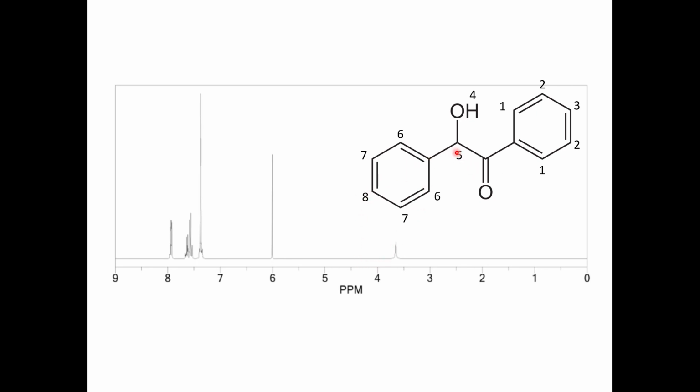We expect this to be shifted more towards the left. So this single peak, because it has no neighboring hydrogens, should be our sp3 hybridized hydrogen. So just to reiterate, the alcohol, the sp3 hybridized hydrogen, so number 5, as well as our benzene ring hydrogens.